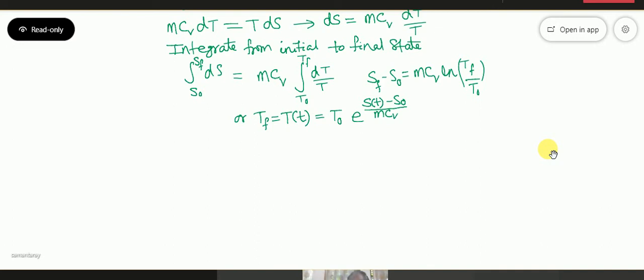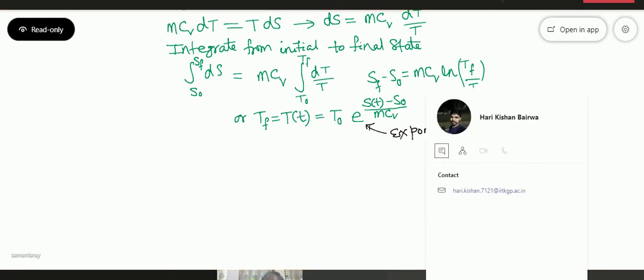Here you note that this e means exponential. We have a relation where effort is temperature, and flow is S dot.